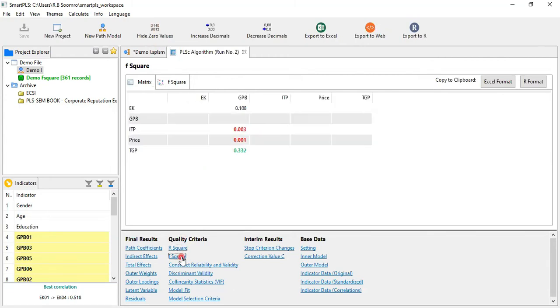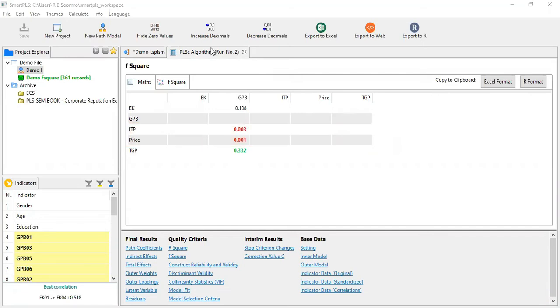Even now you can check this one. Even if you delete ITP and the price, you will face the same type of situation. Because of limited time, I don't want to remove all these, but in your free time you can do the same thing. I have provided a link below this video from where you can download this data, and you can practice in your free time.